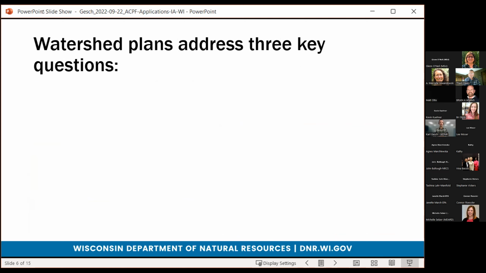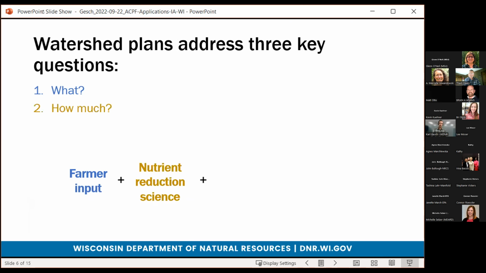In developing those watershed plans, I think there's a sequence or a set of 3 really important questions that can be addressed. One of those questions is what to do. What practices, what approaches might be appropriate for the watershed, given the landscape, given the agricultural practices and the like. A key way to answer that is to seek input from farmers and landowners, right? The folks who live and work in the watershed. So involving them throughout the watershed planning process is an important way to help answer this question.